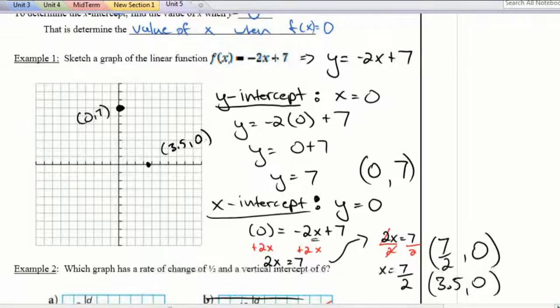So I now have 2 points. In order to make a line, I can connect those 2 points. So I'm going to grab my trusty ruler, and I will connect my points. I missed. Let's try that again. It's a bit better.